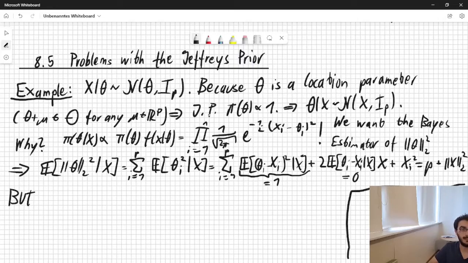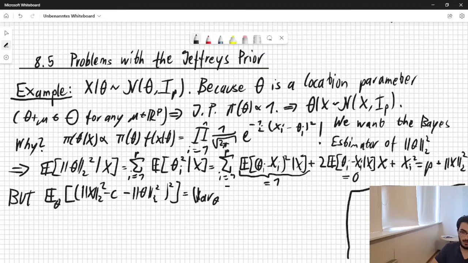if we subtract some other value, if we take the expectation, if we know theta, of the length of x squared minus c, and we see what this difference is with the actual value, the length of theta squared, then this squared loss gives you the variance with respect to theta of the length of x squared minus c, but it's just the length of x squared because the variance doesn't care about constants, plus the bias squared, which here is the length of x squared minus c minus the length of theta squared.